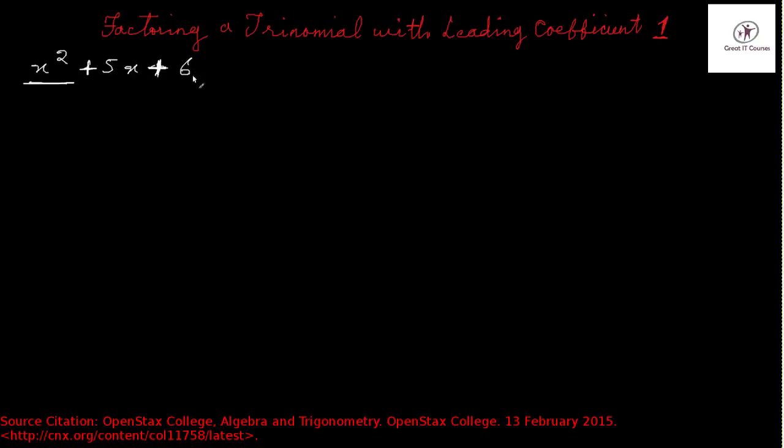The coefficient of this term is 6, but this is, as you know, a constant. So here, as you see, the leading coefficient in this trinomial is 1. So this is an example of a trinomial with the leading coefficient of 1.